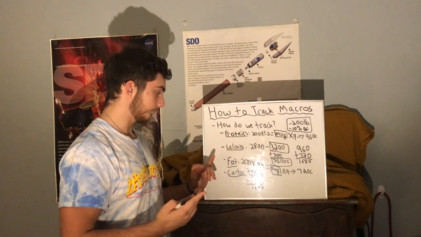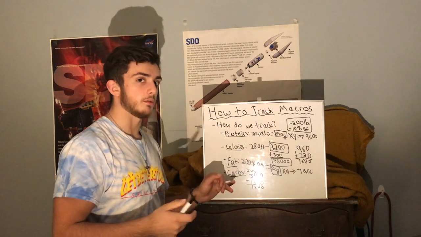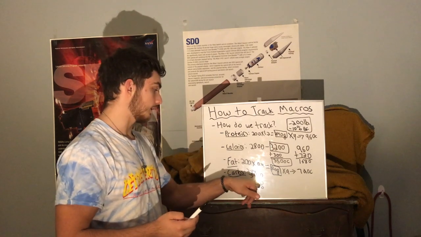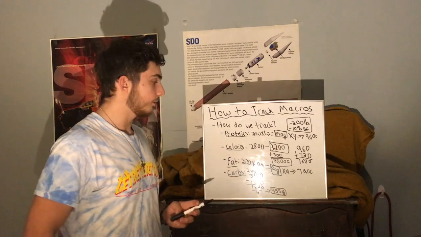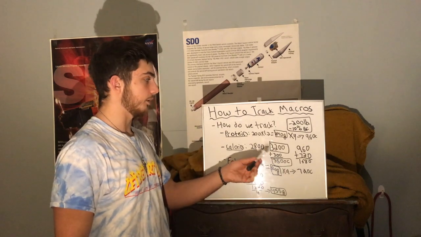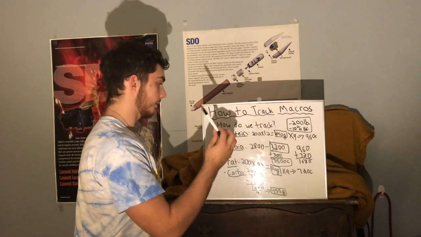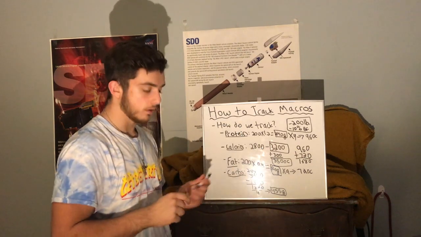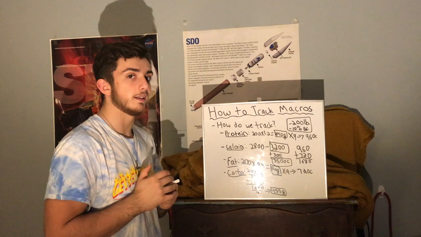So because 1 gram of carbohydrates is equivalent to 4 calories, I take this, divide by 4. The individual needs to consume 3,500 calories, 240 grams of protein, 80 grams of fat, and 455 grams of carbs for them to gain weight.